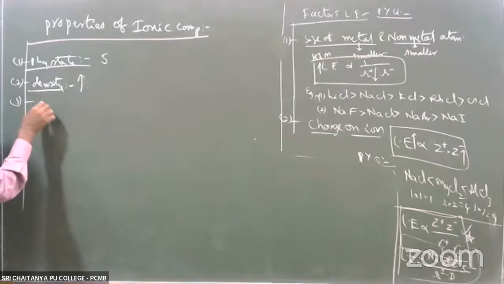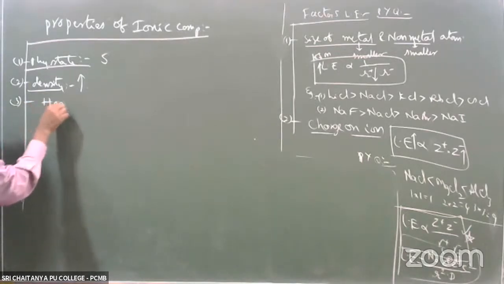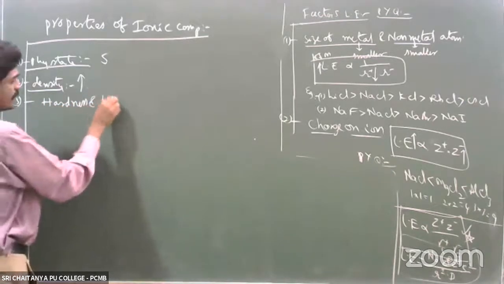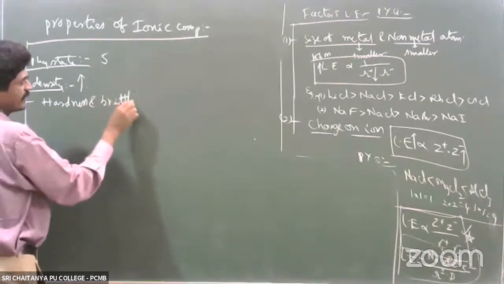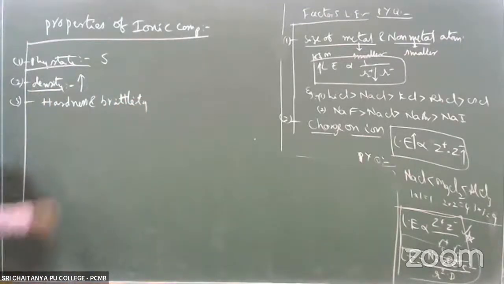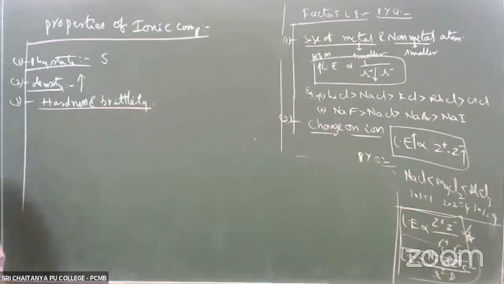Another one is hardness and brittleness. What does brittleness mean? I'll tell you. Ionic compounds are very hard in nature. Why? Because they are crystalline solids, not amorphous solids.